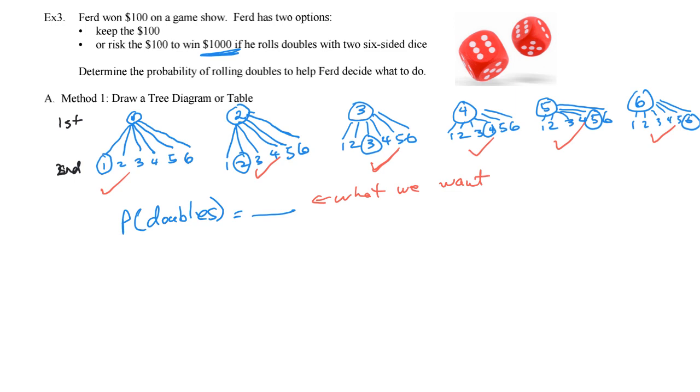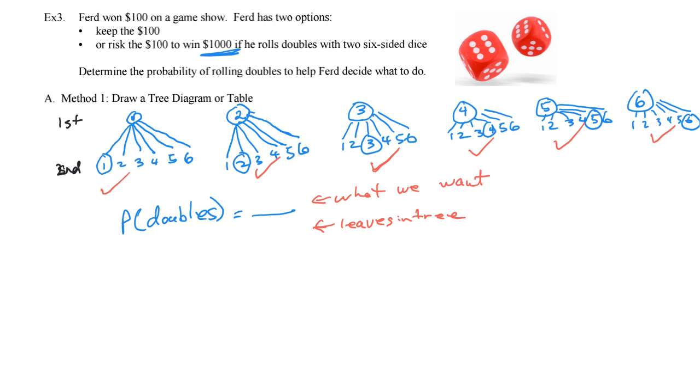happening, divided by the number of leaves in the tree. So these things at the bottom of each one of these structures is called a leaf.